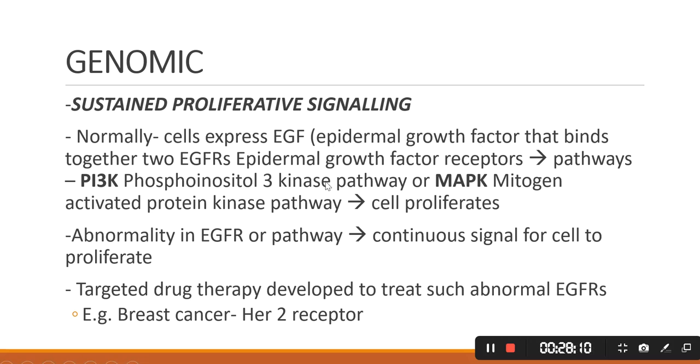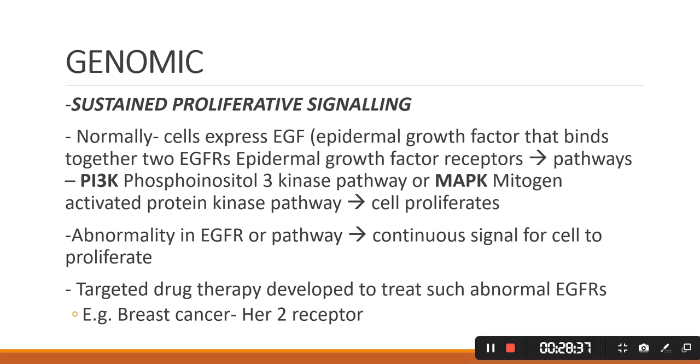The pathway that it uses is a PI3K pathway or MAPK pathway, and by either of these pathways the cell proliferates. Stay with me, don't be confused, please just stay with me. What I'm trying to say is cells have receptors on which the growth factors act.